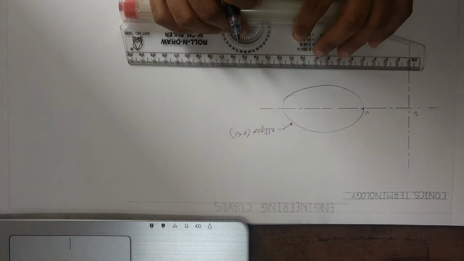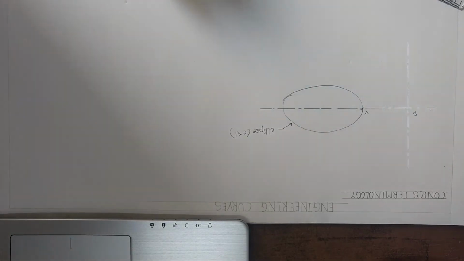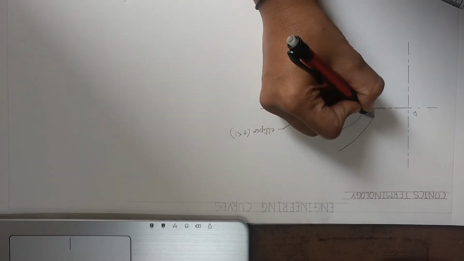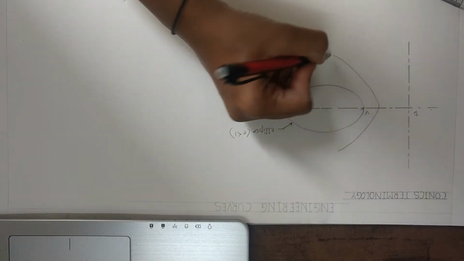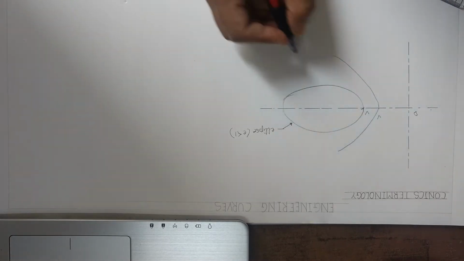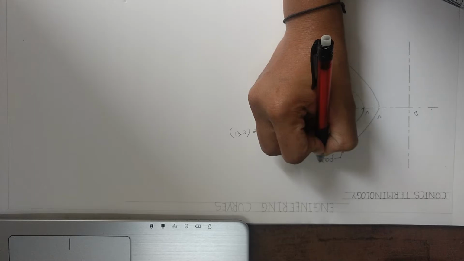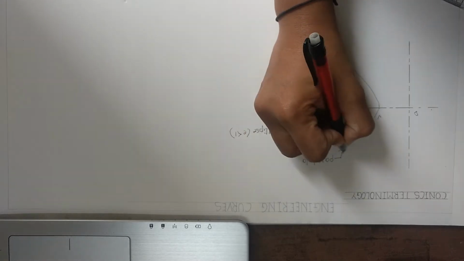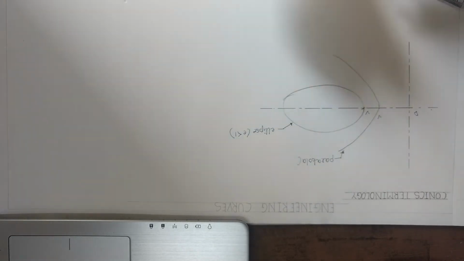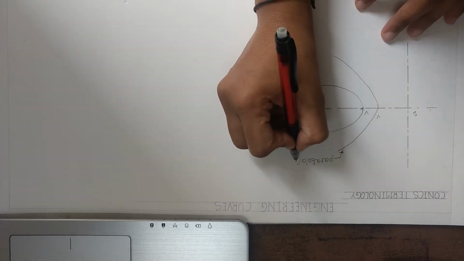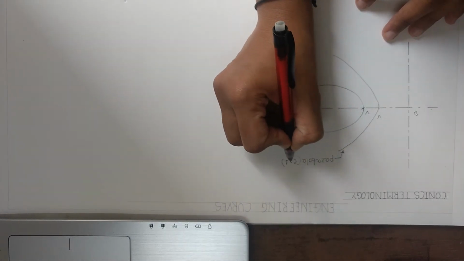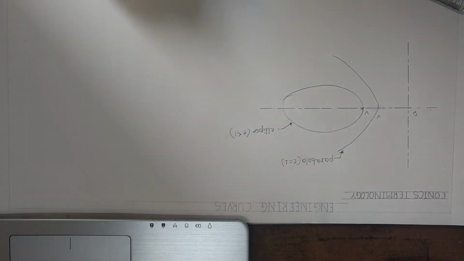Now next curve, if I want to say it as parabola, then that curve should be like this and passing through the point which is V again. This curve we could say as parabola, and the eccentricity for this particular curve is E equal to 1, exactly the same, right?